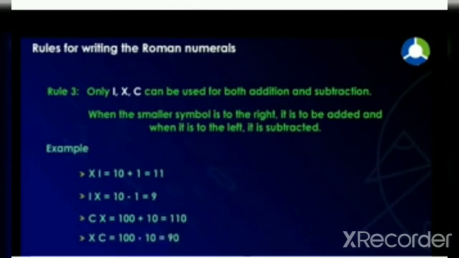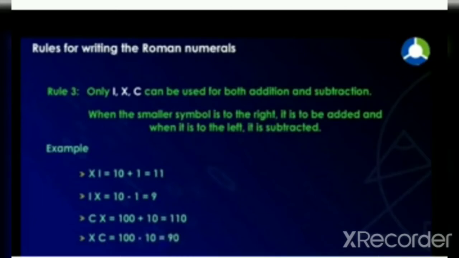Rule number 3. Only I, X and C can be used for both addition and subtraction. This rule we have discussed already. For 11, we have written XI. That means I is being added to X, which gives 10 plus 1 equals 11.